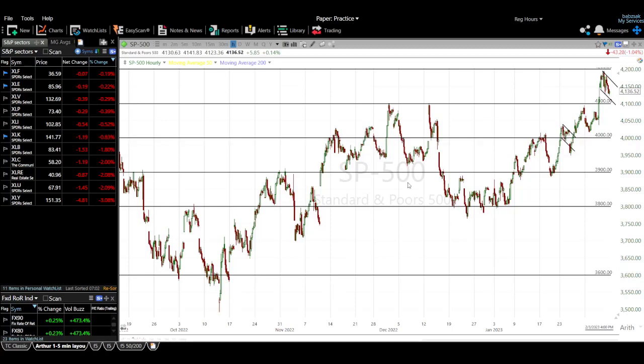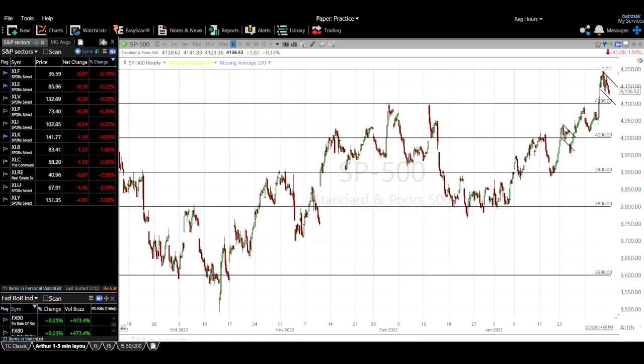If it had failed again at 4,100, I think the shorts would have just piled in and we'd have a real problem. But the fact that it did break out above that, as I showed earlier in those slides, caused a lot of shorts who were jumping in when they saw this failure to move above 4,100 to get squeezed. The shorts were loaded up, and boom, they got squeezed.